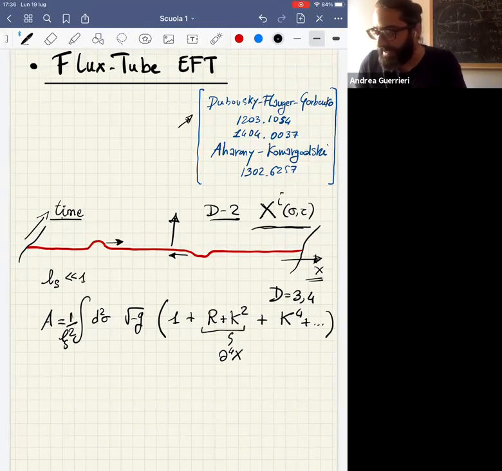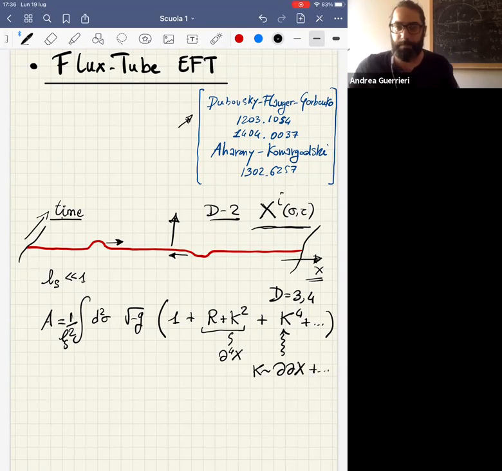Let me just say that this is a very special theory that we are going to consider. Because in this theory, the first non-universal correction is given by this operator that I call K^4, where K is the extrinsic curvature of this string. If you want, you can think of this K as proportional to d^2 x, plus dot, dot, dot.